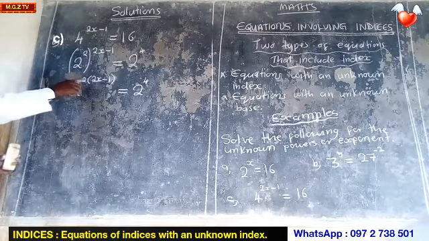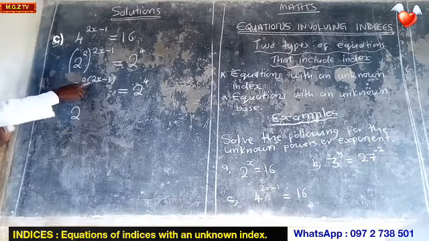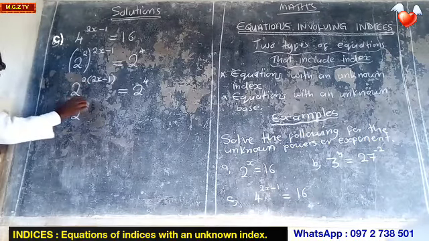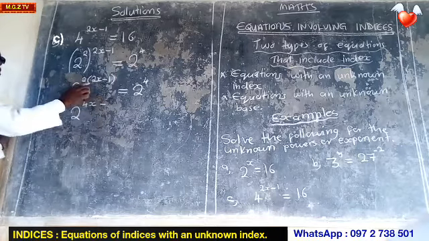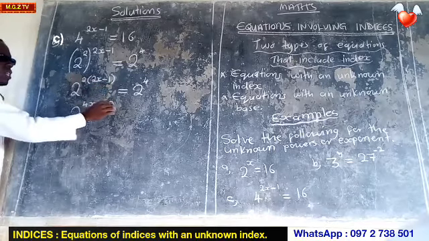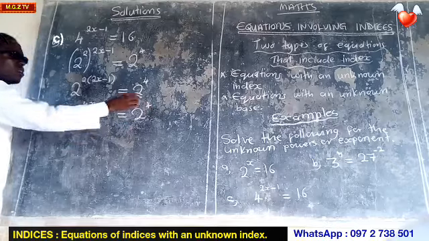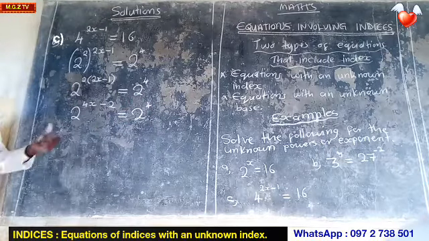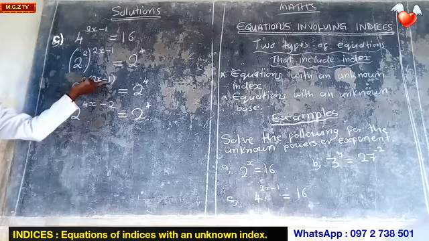What we do now is remove the brackets. So now 2 to the power 2 times 2x gets 4x. Then minus 2 times 1 gets 2. Then equals 2 to the power 4. So this part is coming from this one.